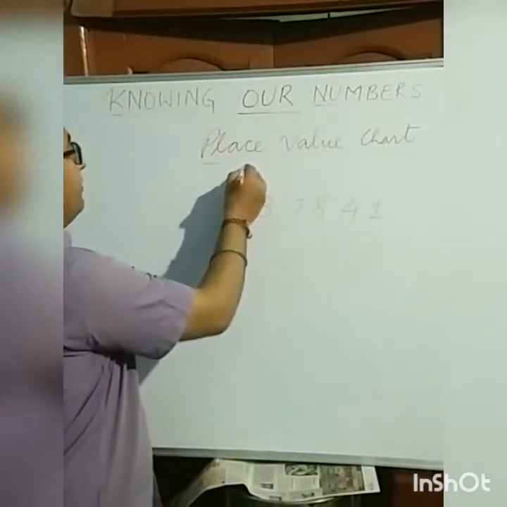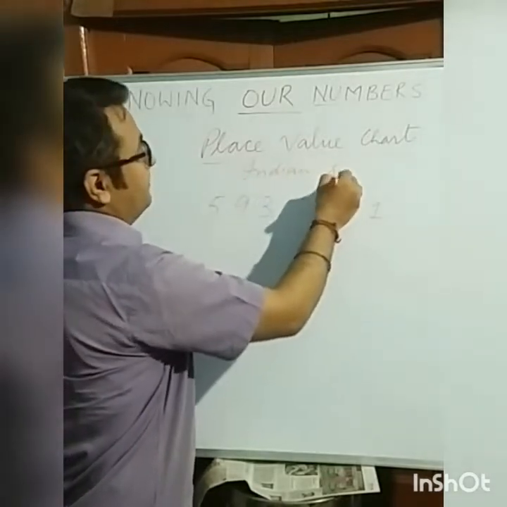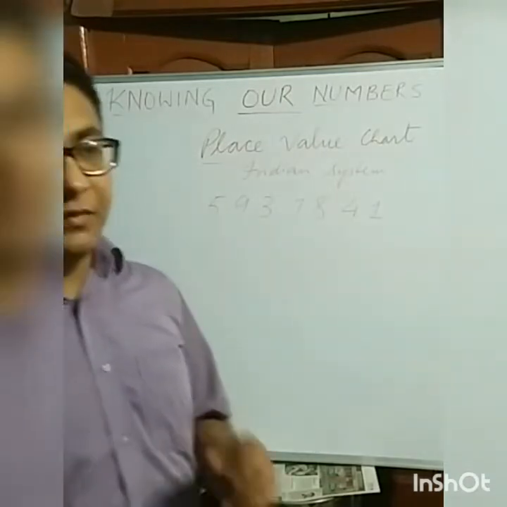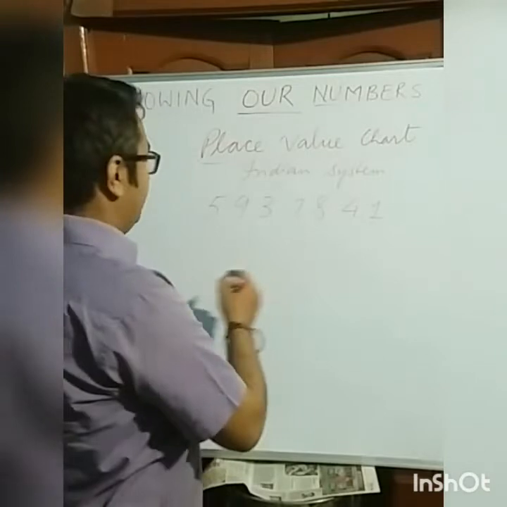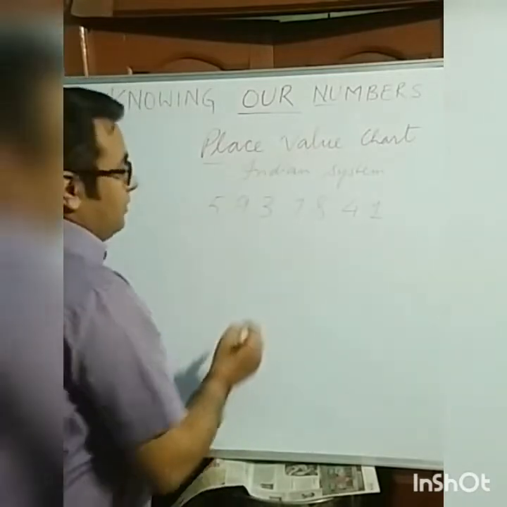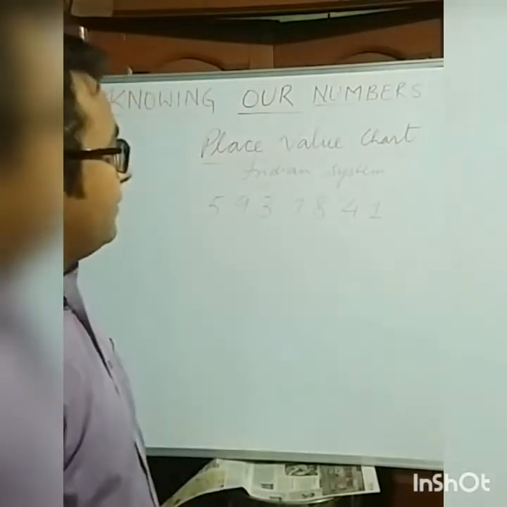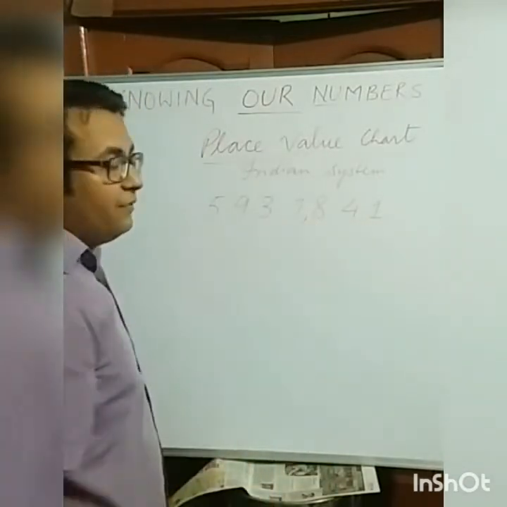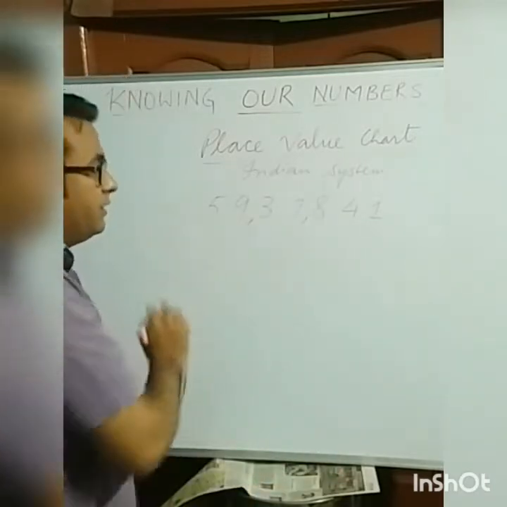First I will write its number name in the Indian system and then in the international system. See, the most important thing that we have to keep in mind is the use of commas. The rule to put commas is, in the Indian system we start from the right and we put the comma after the first 3 digits, then after each 2 digits.